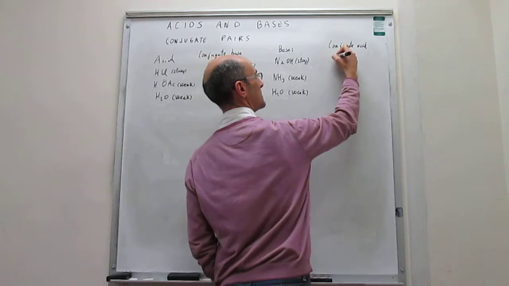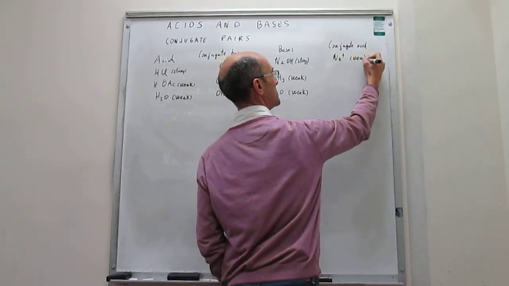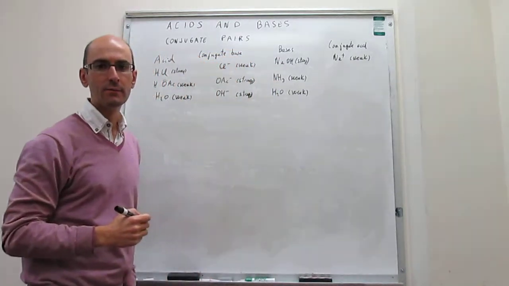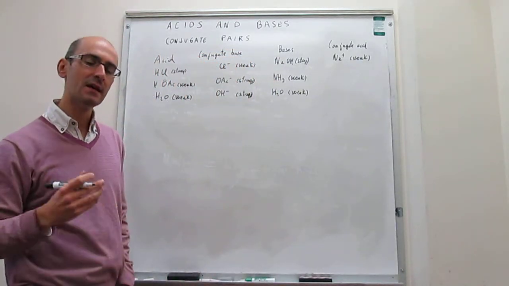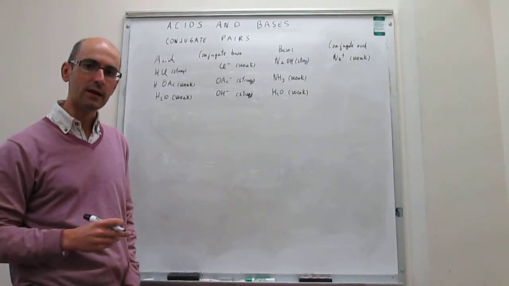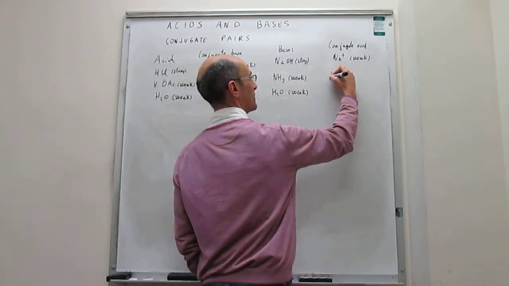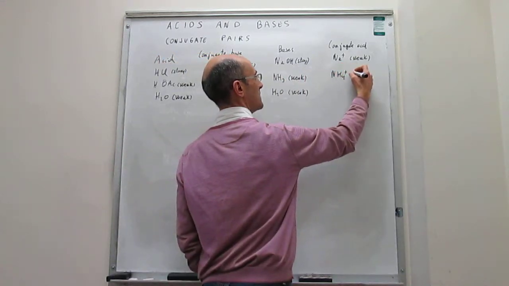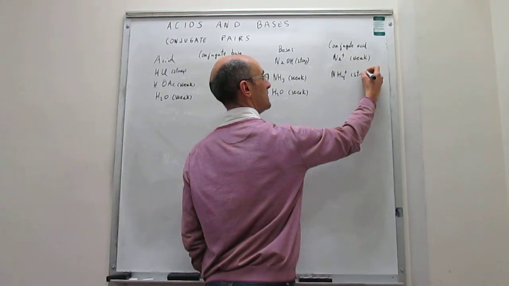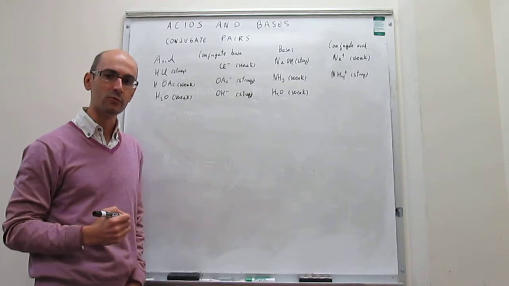And then we can write what the conjugate acids of these species would be. Notice that in this case, the conjugate acid will be sodium ions, and that will be a very weak acid, and it does not exhibit any type of significant acid-base properties. Any solution of sodium plus will actually be neutral. Then the conjugate acid of ammonia is ammonium ions, and that is a strong acid, so when you have ammonium ions in solution, that solution would be acidic.